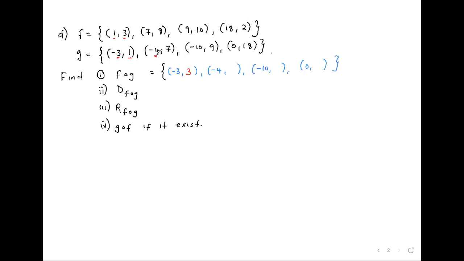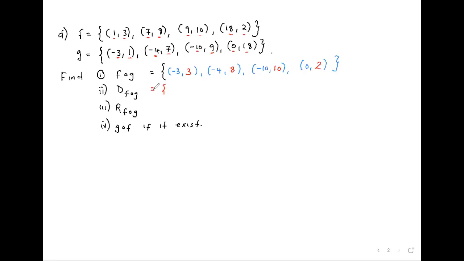G of -4 will give us 7. Then f of 7 is taken to 8. So we have 8, 10 to 9, 9 to 10. So we have 10, 0 to 18, 18 to 2. So we get to there.